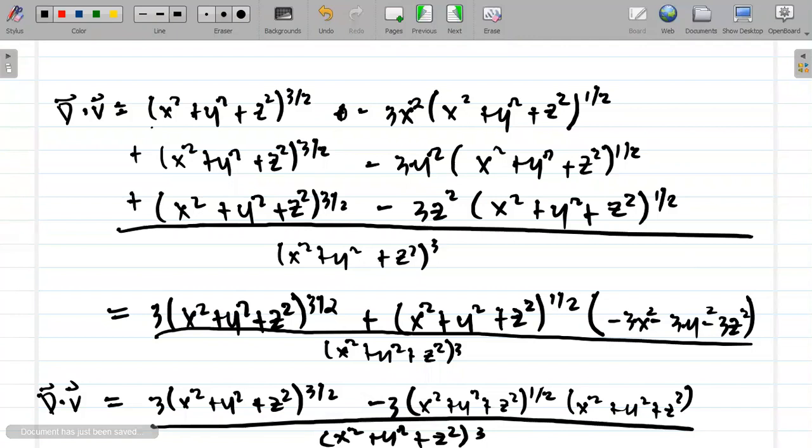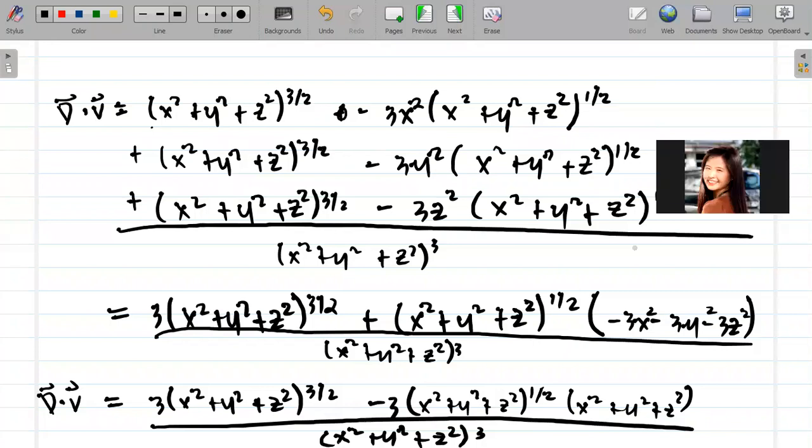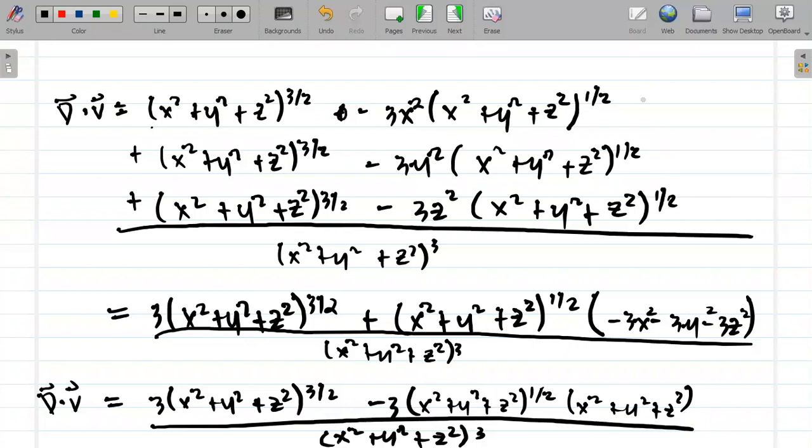Nasaan si Shaira Estrella? Shaira, andito ka ba? Sir, nandito po. Okay. So, pakisimplify naman ng numerator. Eto muna. Sige, ano to? Kaya ba nating i-simplify yan?